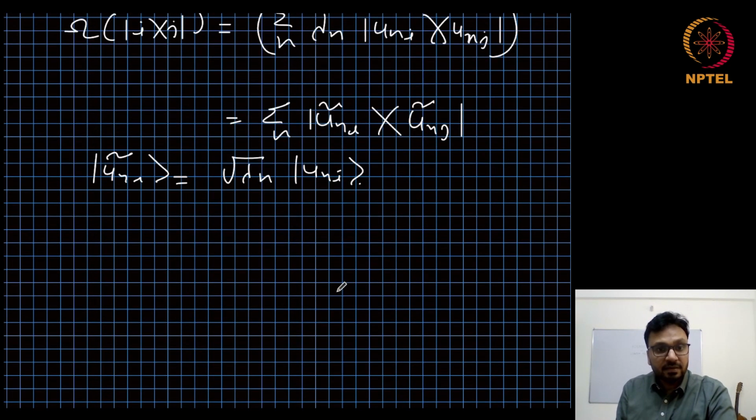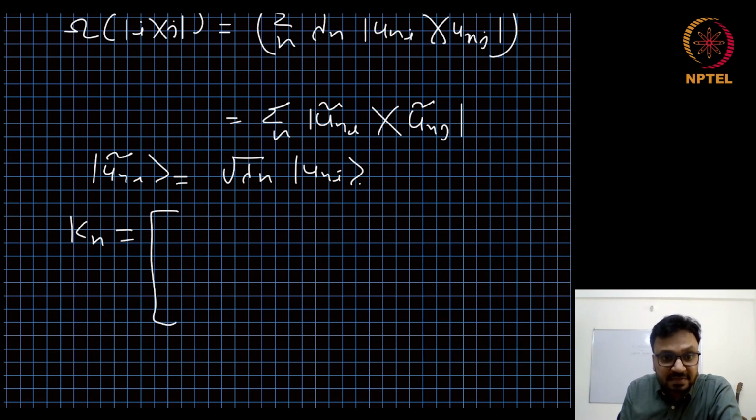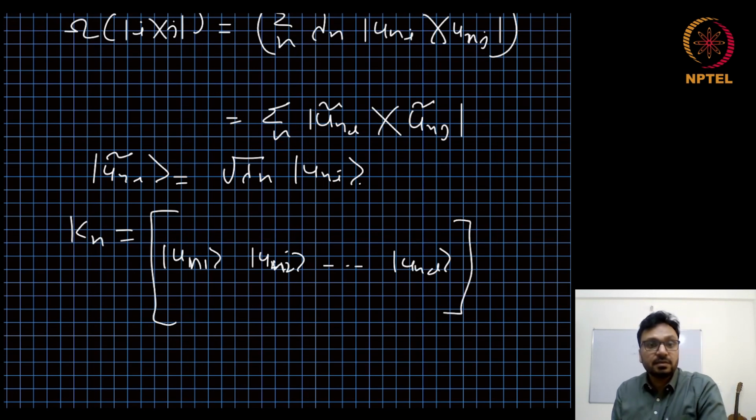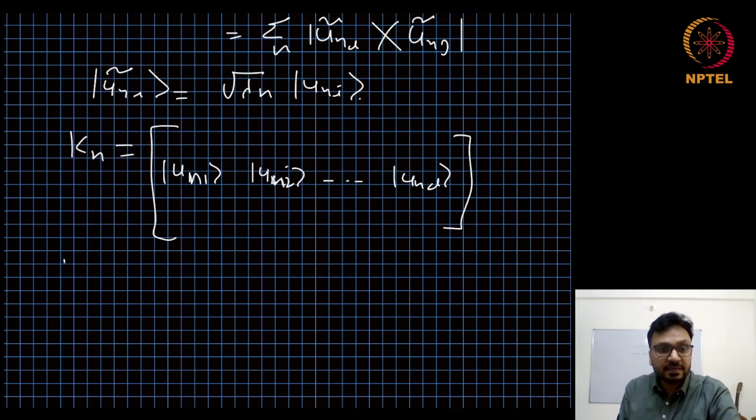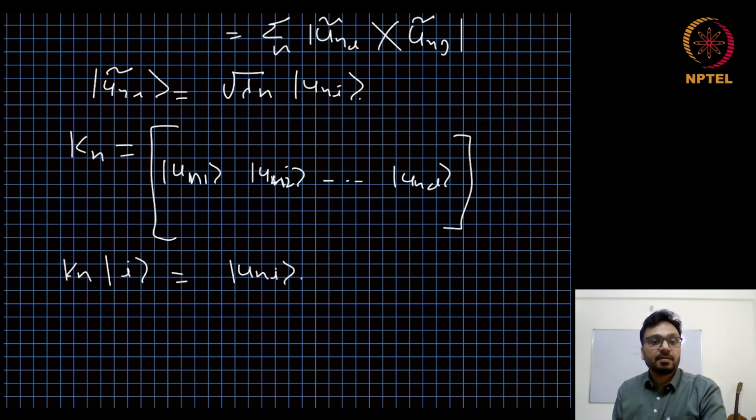And if we define a matrix Kn such that the first column is un1 tilde, the second is un2 tilde, and so on up to unD tilde, then we can see that Kn acting on computational basis |i> will give us un i tilde.